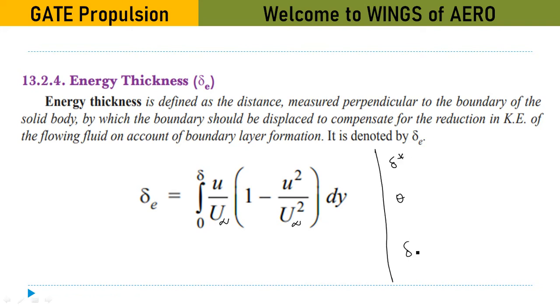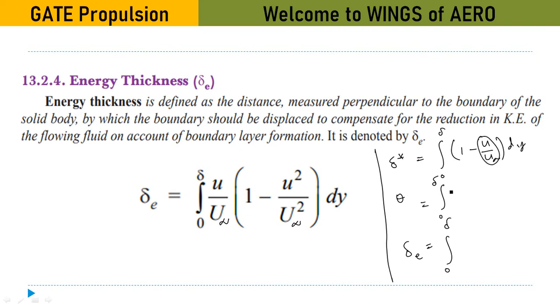Now for the momentum thickness, how can you remember? You multiply this term with this term, so u by u infinity times 1 minus u by u infinity dy. And how do you remember the next term? You keep this one as it is, rewrite u by u infinity times 1 minus u by u infinity, then just square this term and you will get it.